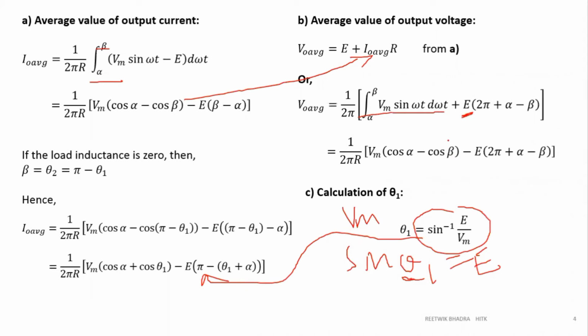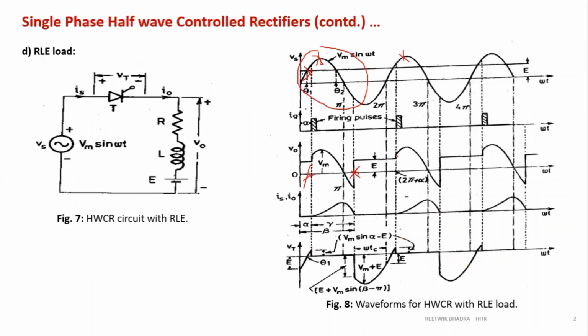What is this E? Now if you look into this, from this point to this point, it is ranging. So I have to calculate this magnitude. How much will that be? This point is 2 pi, right?